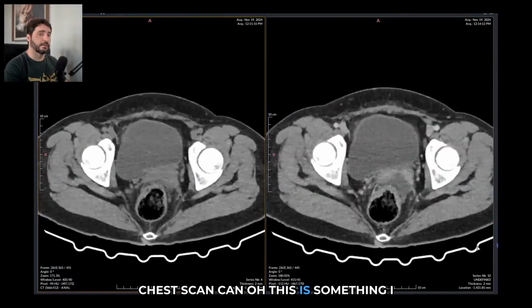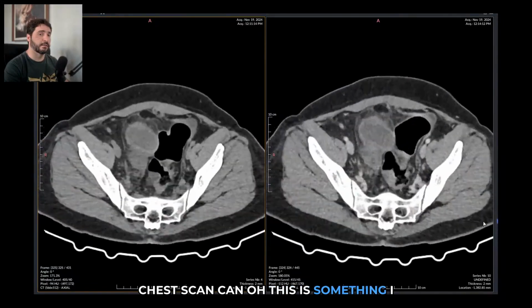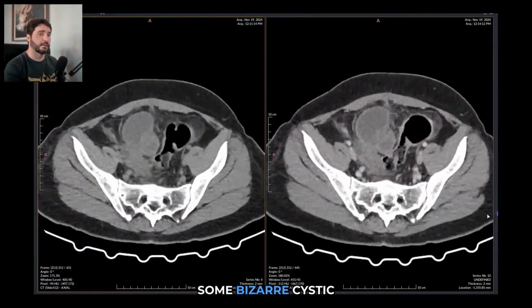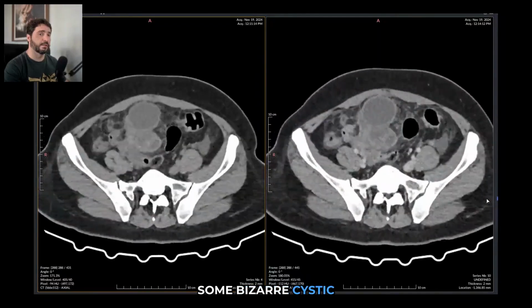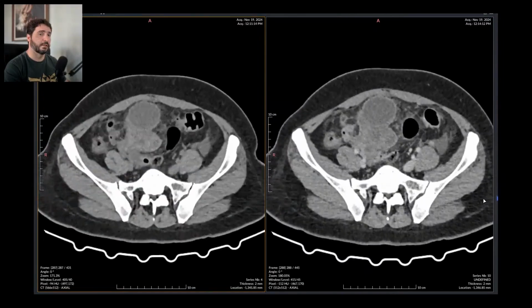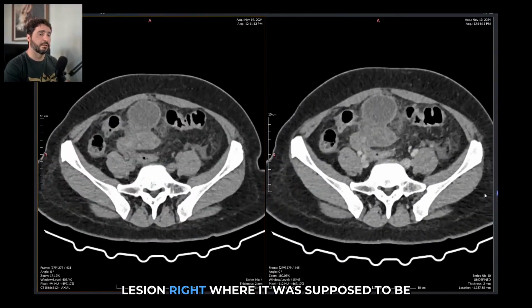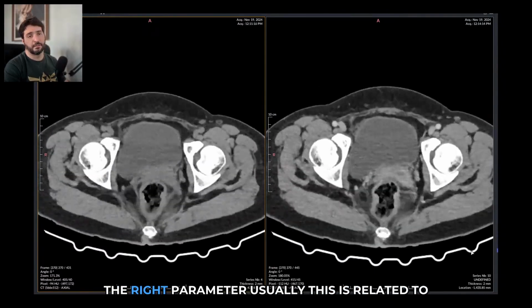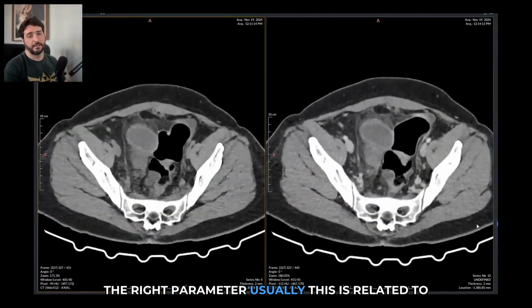Oh, this is something. I have no idea what this is. This is some bizarre cystic lesion right where it was supposed to be, the right parametrium.